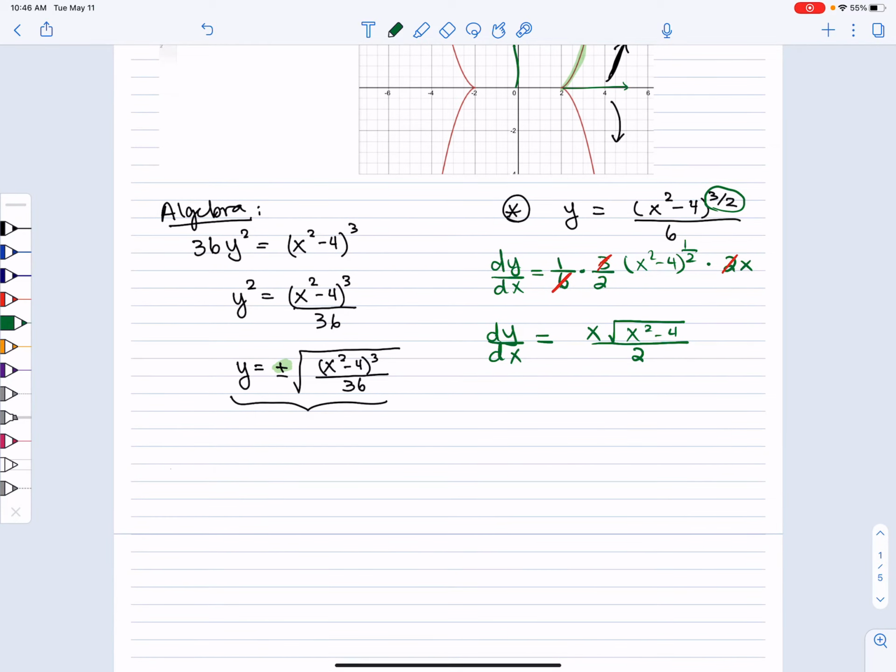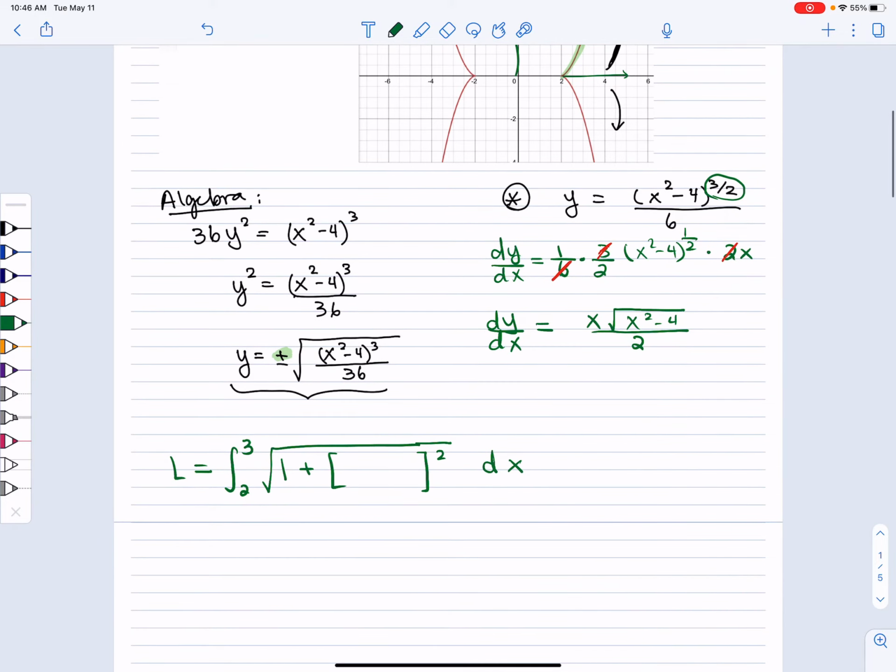Remember, the arc length formula is the integral from a to b, and that was from 2 to 3, of the square root of 1 plus (dy/dx) squared with respect to x. So let's find out what we get when we simplify the integrand here.